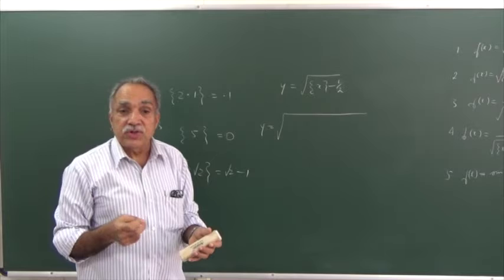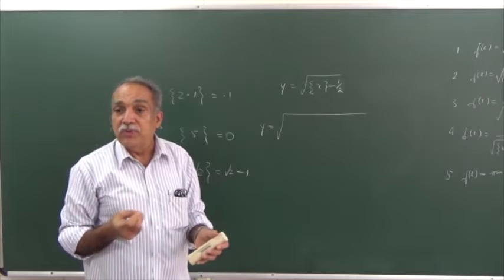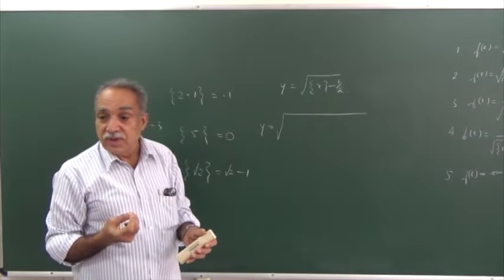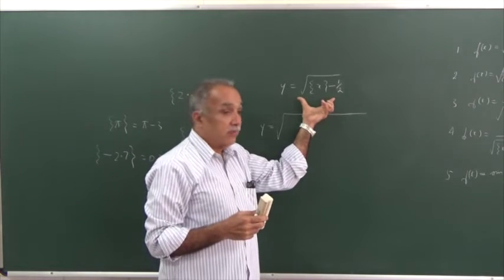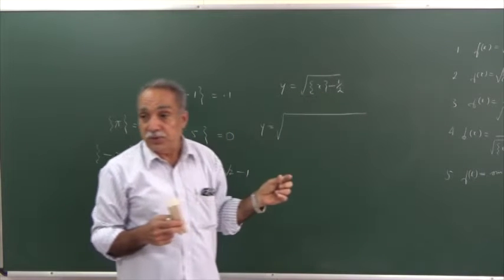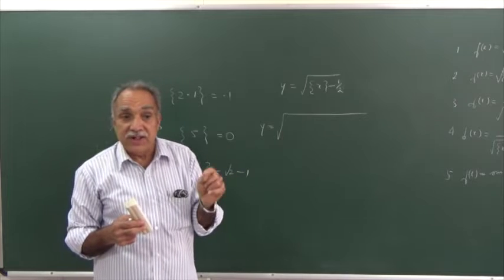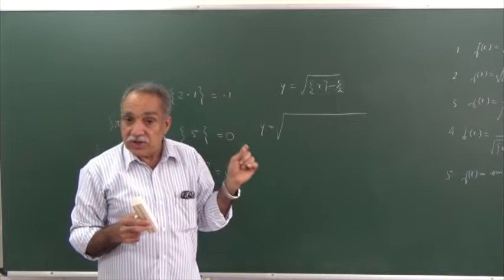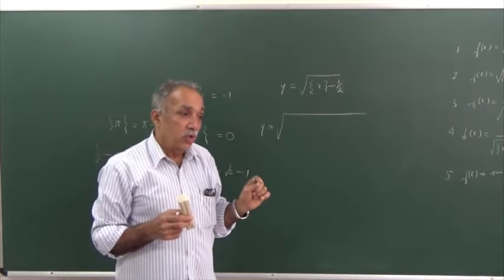This one will have a non-zero domain. What will be the domain of the function? The expression is meaningful as long as fractional part x minus half is non-negative. Fractional part x is greater than or equal to half.